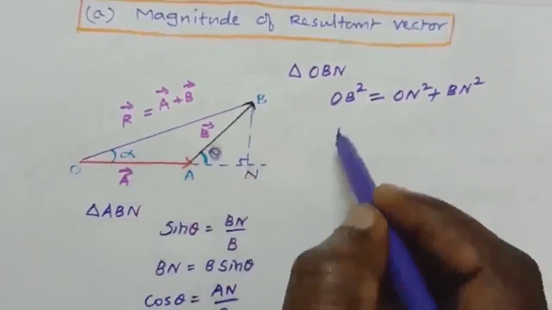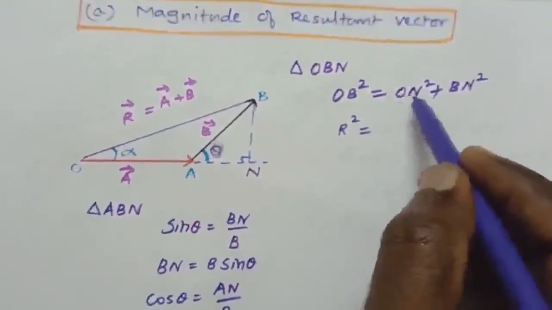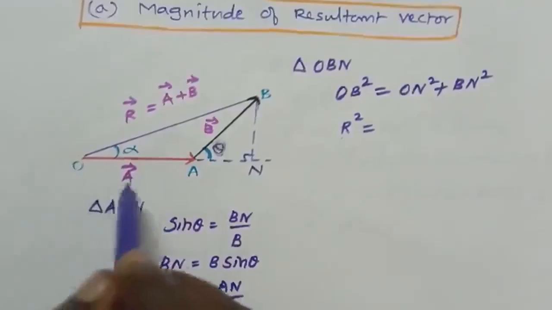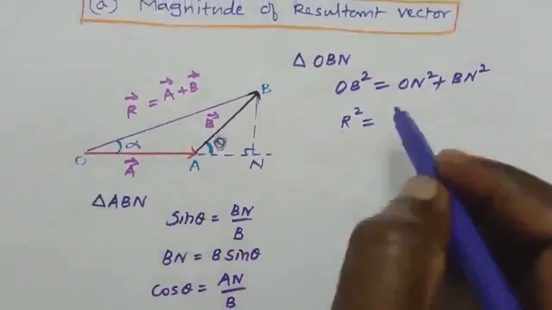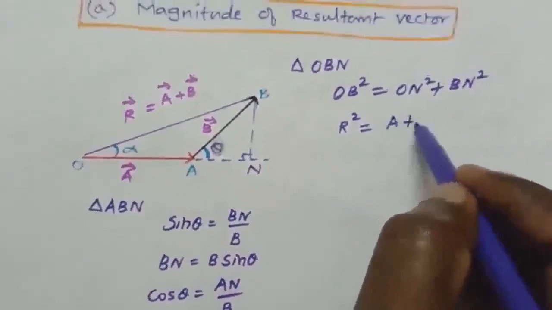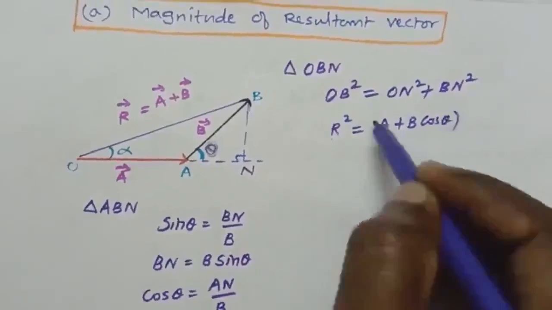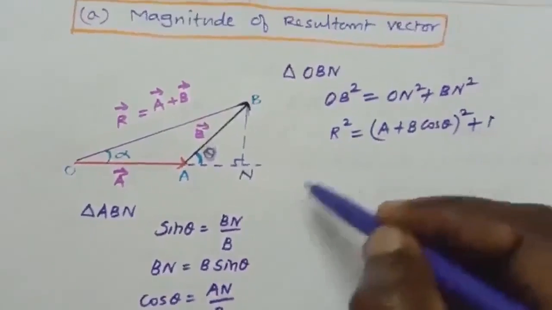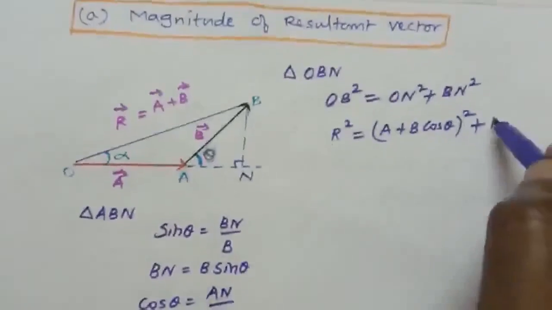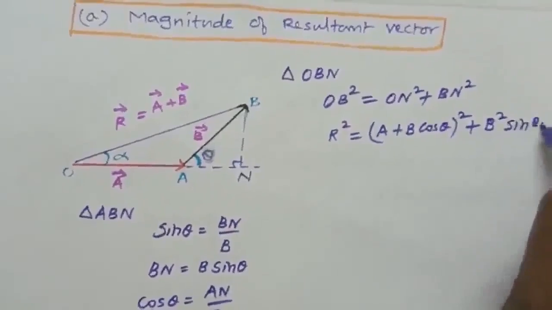Therefore R square is equal to ON. What is ON? A plus AN. What is the value of AN? B cos theta. Therefore A plus B cos theta whole square, plus BN. What is BN? B sin theta. Therefore B square sin square theta.